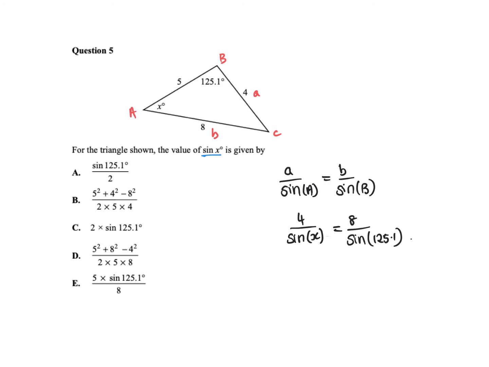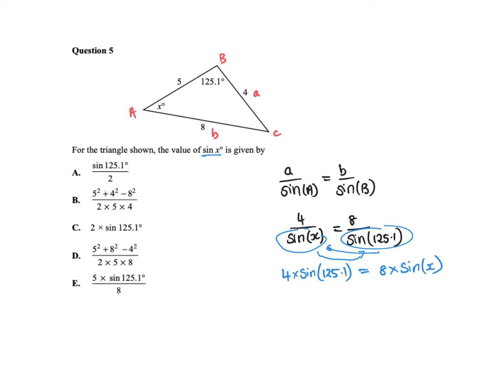So you just have to rearrange. Now, if I move this over the equal sign, it was dividing on the bottom, so it'll times. And that's the same with this one. So we're moving over the equal sign, and they will times on the other side. So here that sine 125.1 goes up here and equals 8 times sine x.